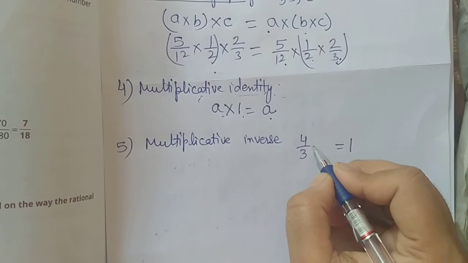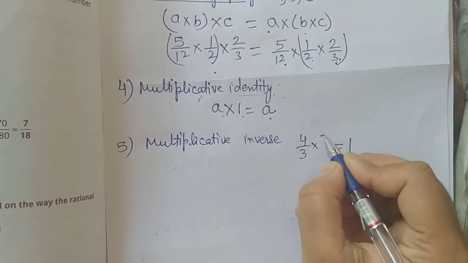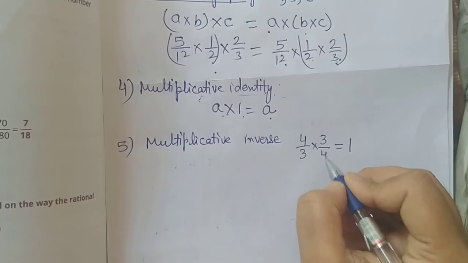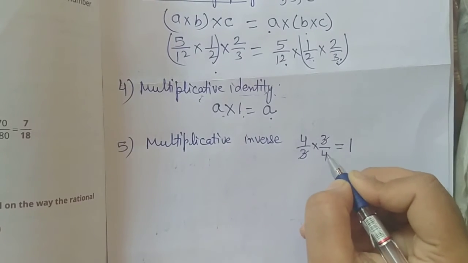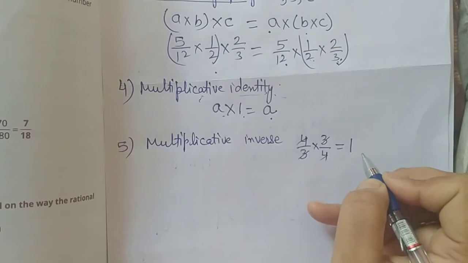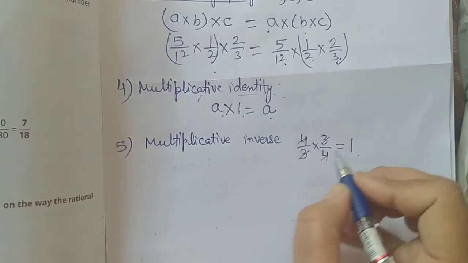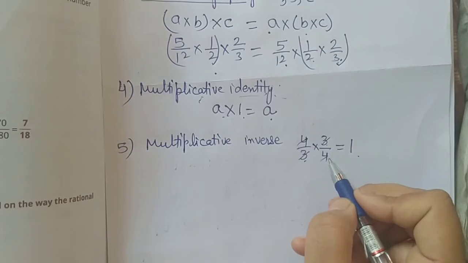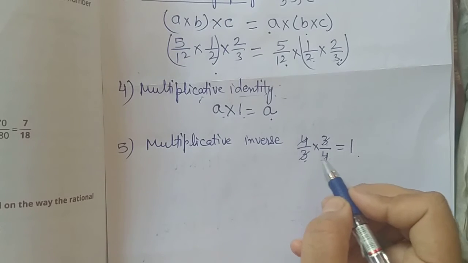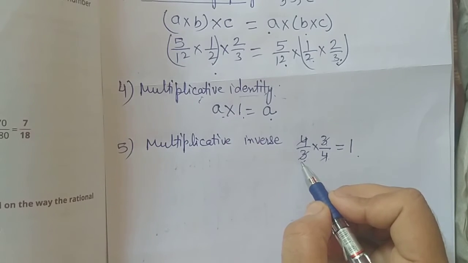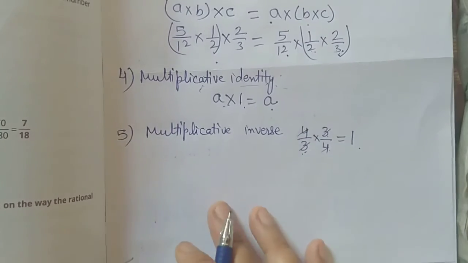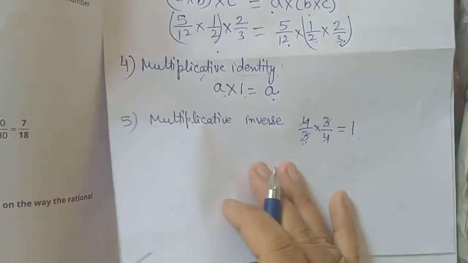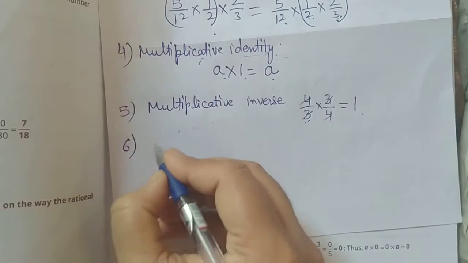If we multiply by the reciprocal of this number, means 3 upon 4, then all the numbers will cancel, and the answer will be 1. So 4 upon 3 is the multiplicative inverse of 3 upon 4, and 3 upon 4 is the multiplicative inverse of 4 upon 3.